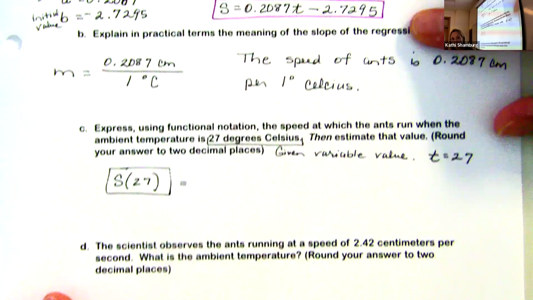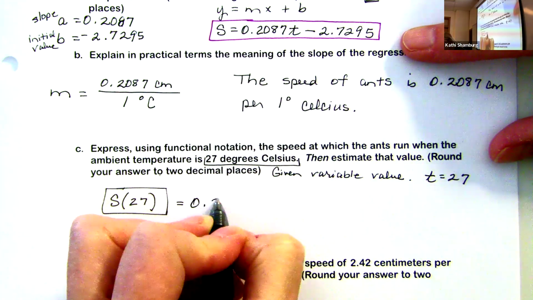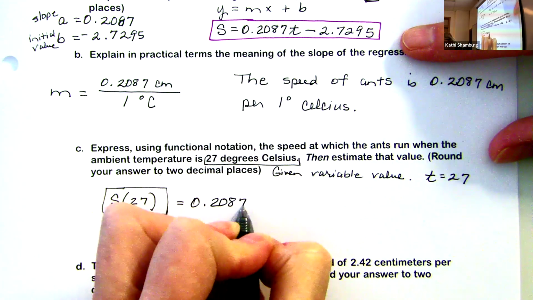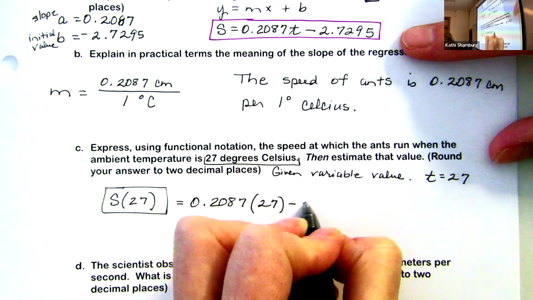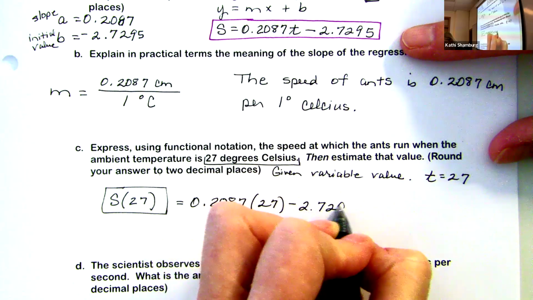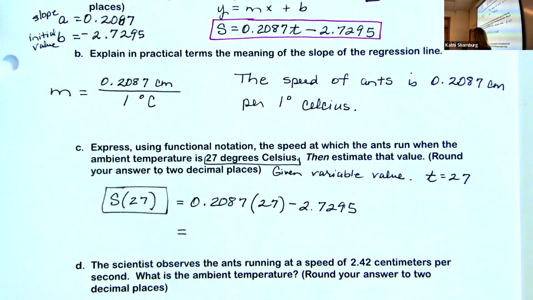So I'm going to use the formula that we found in part A. And in place of t, I'm going to put 27. And round that to 2 decimal places.